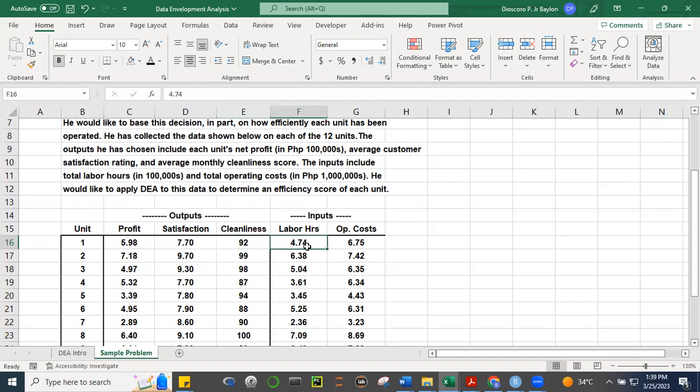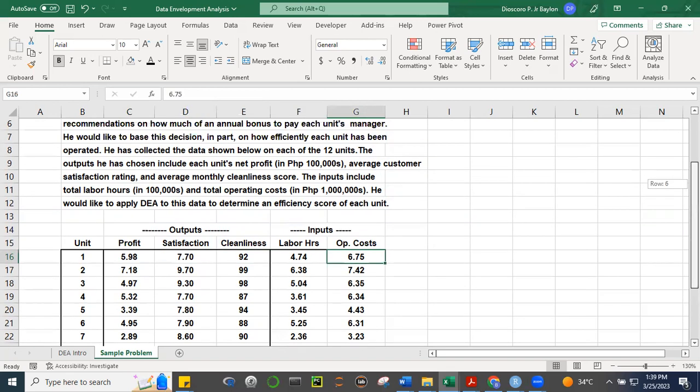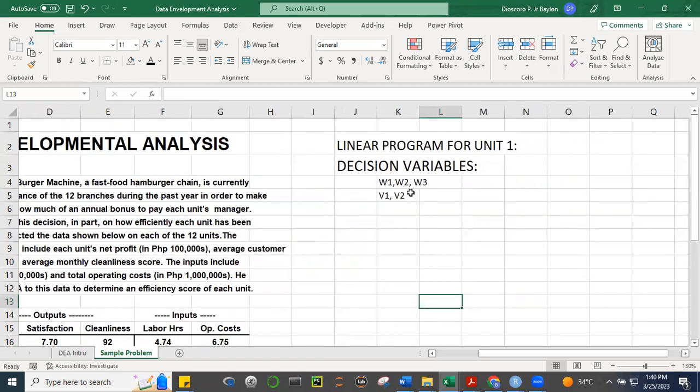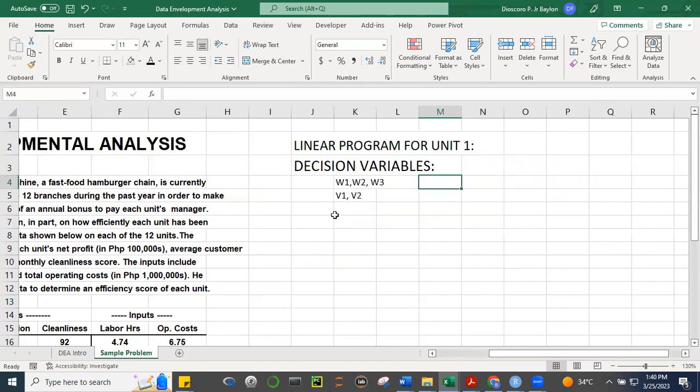And there's also a weight for labor hours and a weight for operating cost. So this should be W1, W2, and W3, right? Let me just put here V1 and V2. These are the weights for profit, satisfaction, and cleanliness, respectively, and this is the weight for labor hours and operating costs, respectively. So that's about it. You just have to know how many outputs and how many inputs there are. So that will be our decision variables.